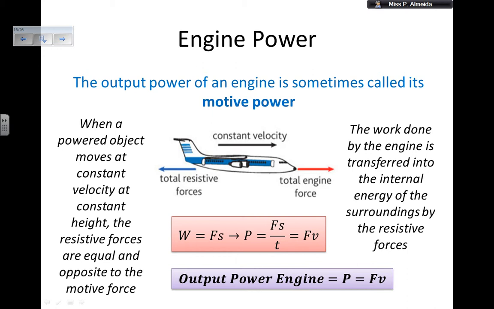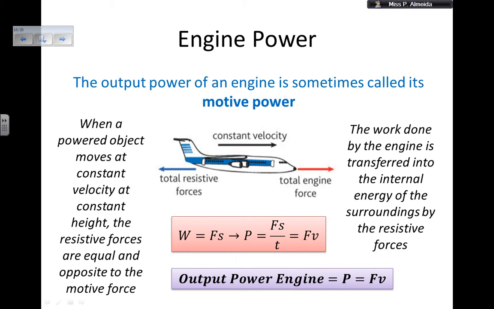So the resistive forces, so you know, air resistance, any drag or friction, are equal in number and opposite in direction to the motive force, which is the force that is making the airplane, for example, move forward, okay? And then the work done by the engine is going to be transferred into the internal energy of the surroundings by the resistive forces, okay?